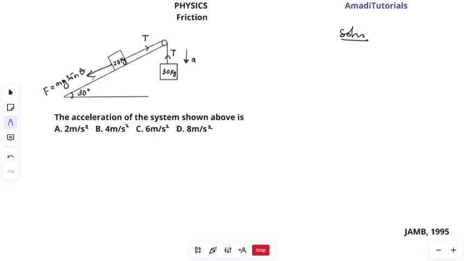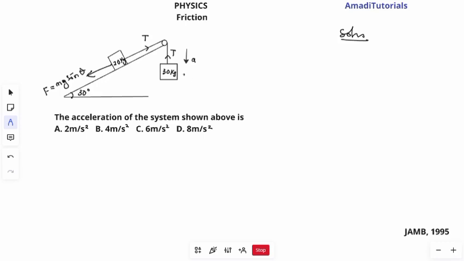There is a video on that, on why it is mg sine theta. And then the force that is trying to drag this 20 kg upward is the weight of this second mass here, 30 kg.